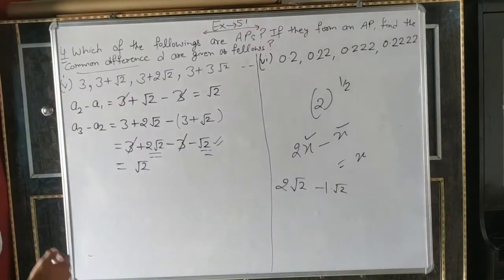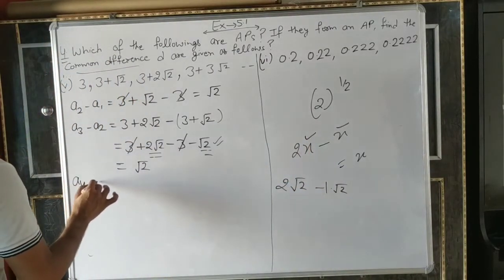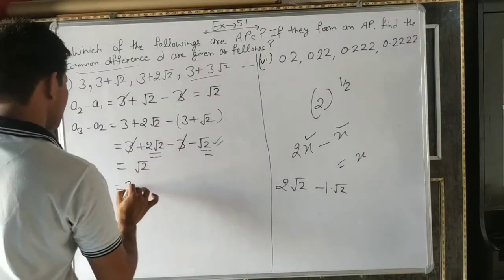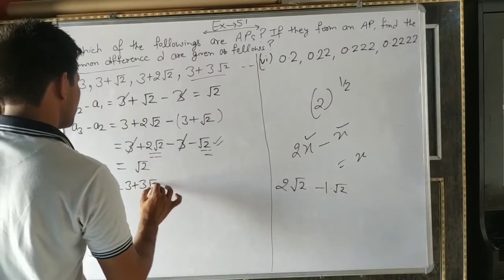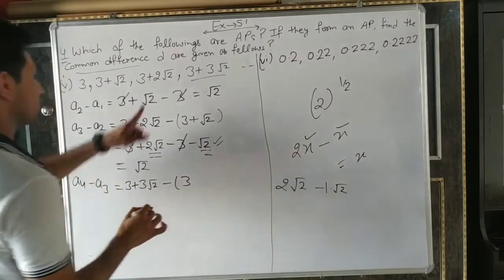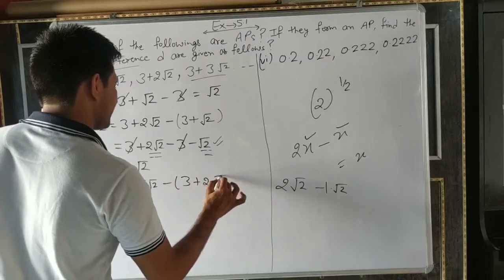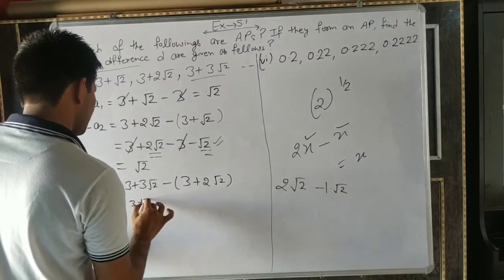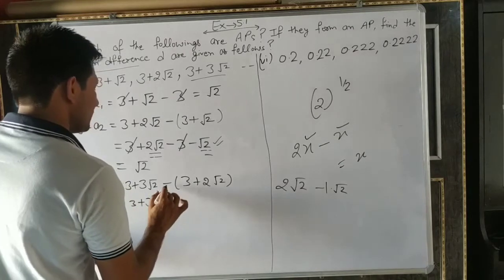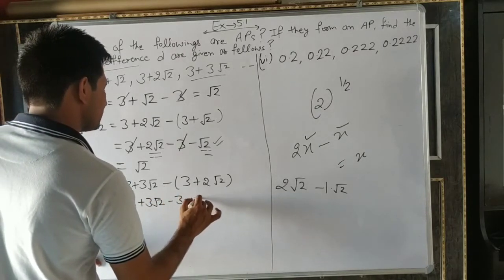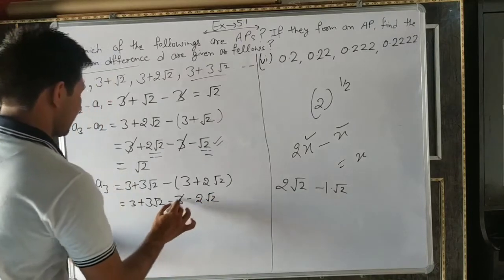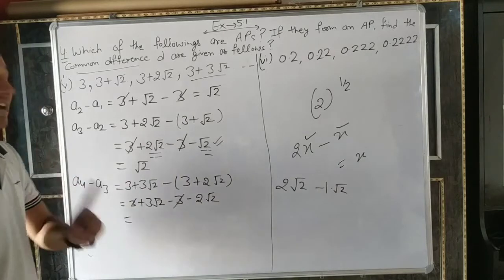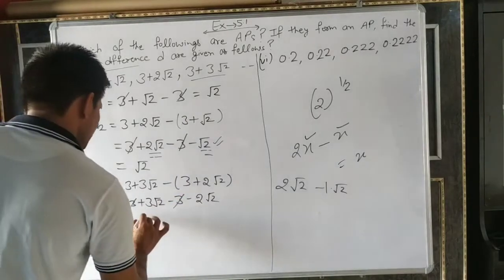Okay, now we will find A4 minus A3. A4 is 3 plus 3 root 2 minus, and with more than two terms, use a bracket. So we write 3 plus 3 root 2, and negative into positive is negative, it is also negative. 3 minus 3 is 0. 3x minus 2x, how much x? 3 root 2 minus root 2 is root 2.